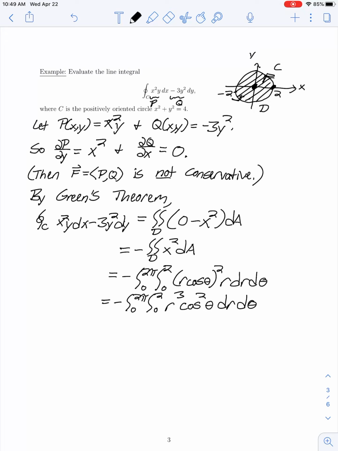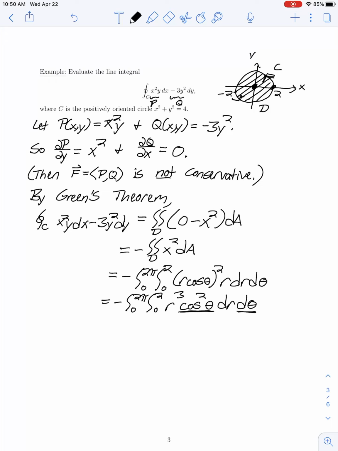So again, we can make use of a simplifying technique here. If we look at our inner integral with respect to r, this cosine squared theta term is a constant, and so is d theta.